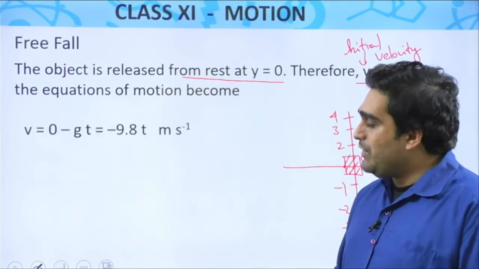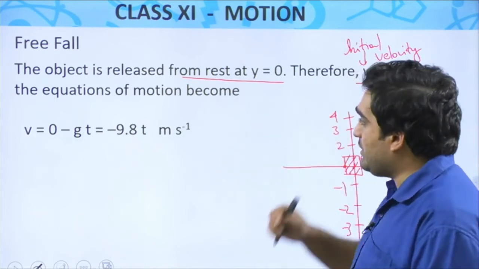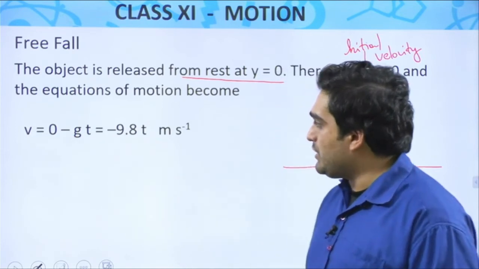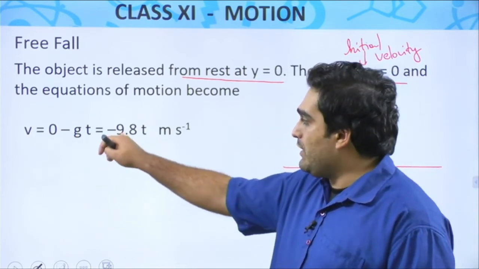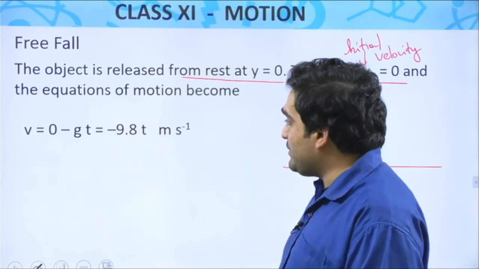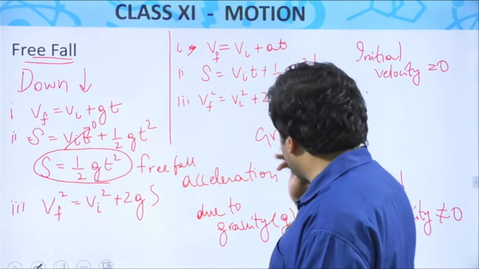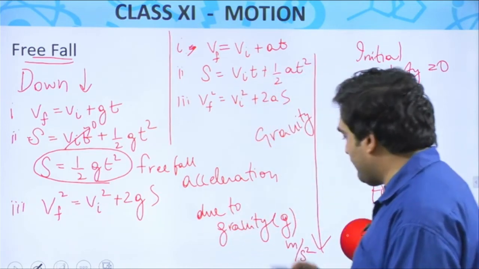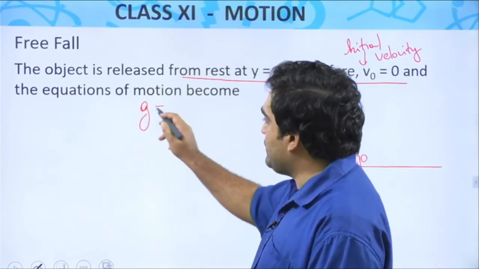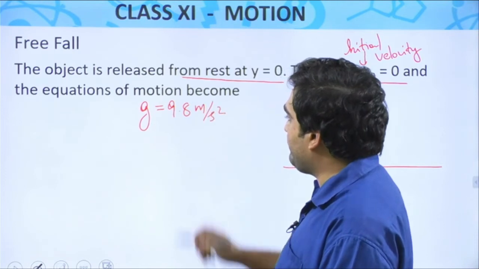In the first equation of motion, when v naught, the initial velocity, is 0, you get 0 minus G T, where you get the g value. Oh, I have not mentioned the g value. Even in the previous case, the g value, acceleration due to gravity, is 9.8 meter per second square.